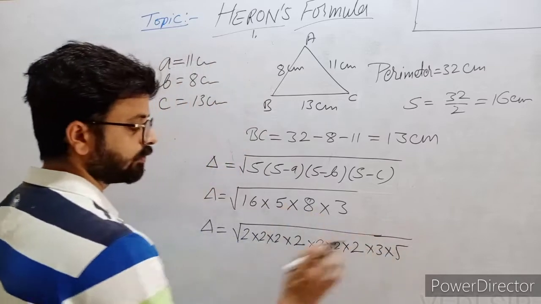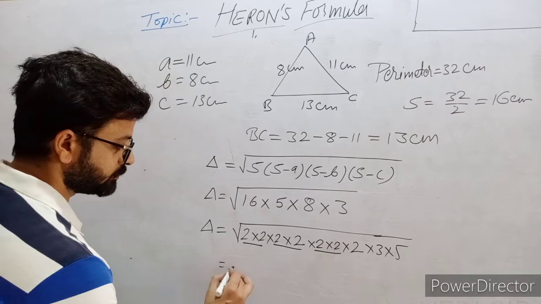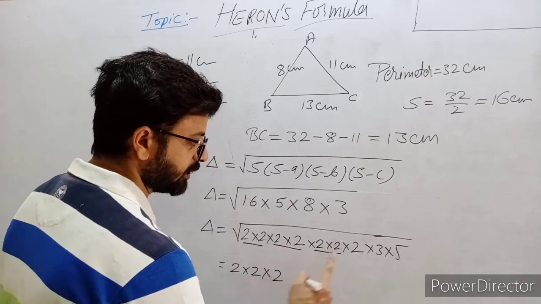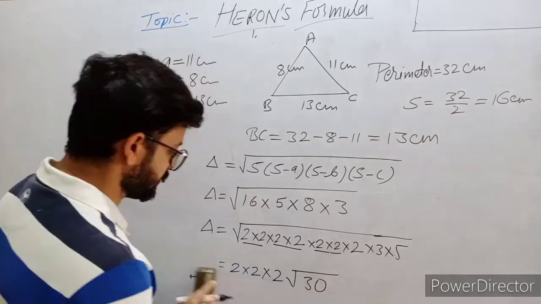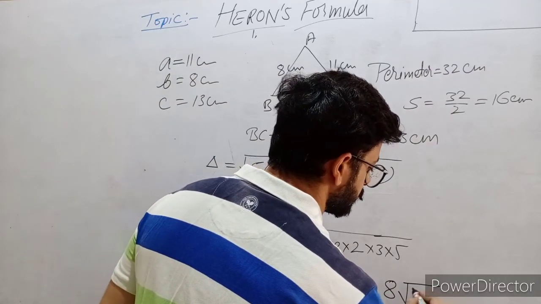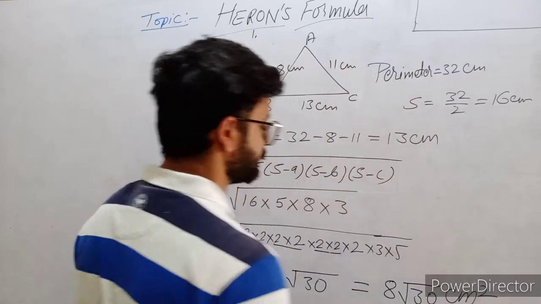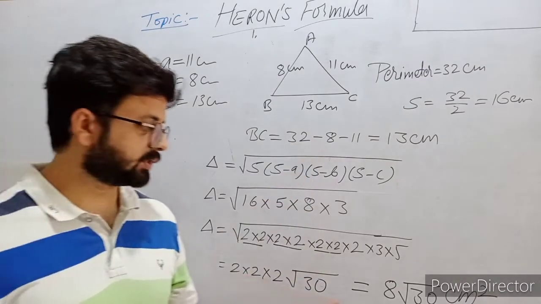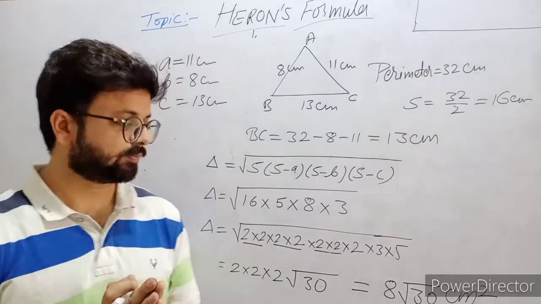This 3 and this 5. Now 2, 1 pair, 2 pair, 3 pair. So 2 will come outside from each pair. Now the rest, 5 into 3, 15 into 3, 30. So 2 into 2 into 2, 8 root 30 centimeter square.